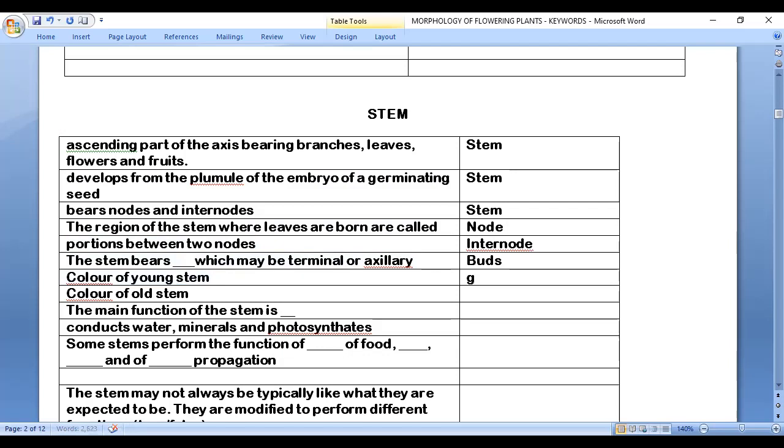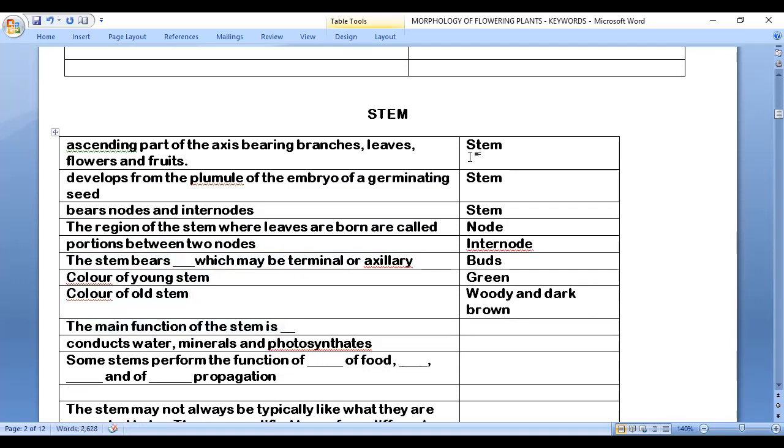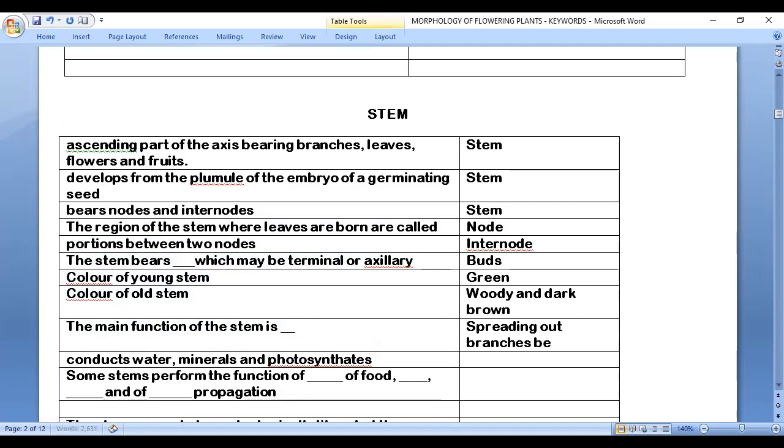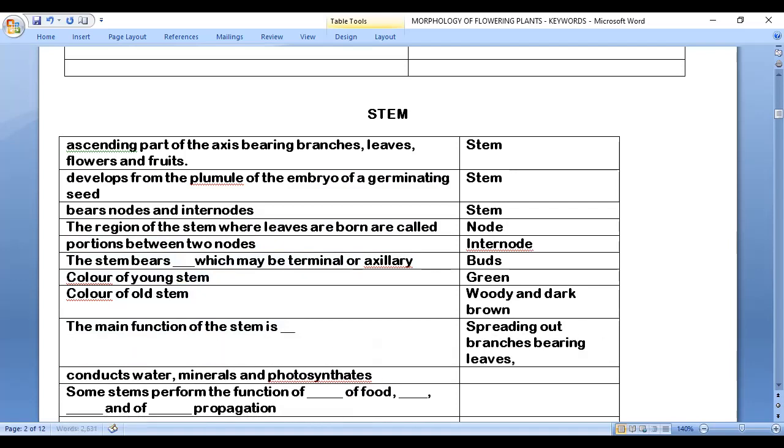The color of a young stem is green. The color of an old stem is woody and dark brown. The main function of the stem is spreading out branches bearing leaves, flowers and fruits.